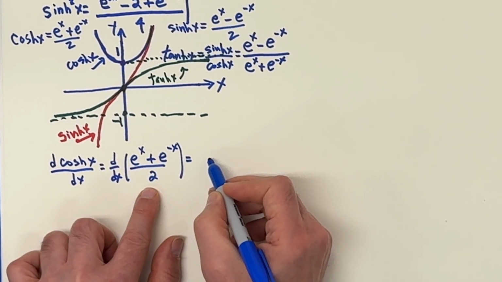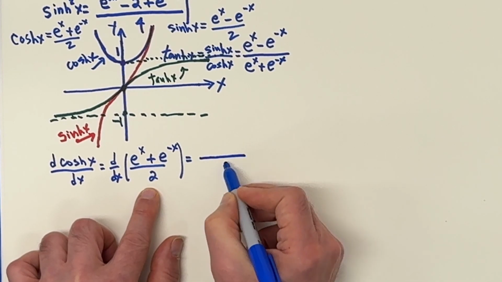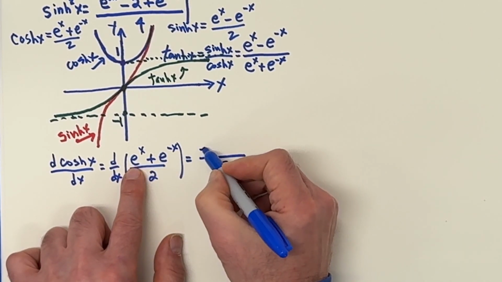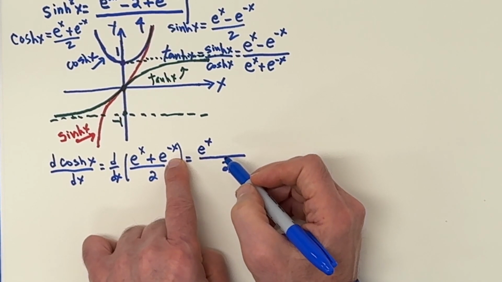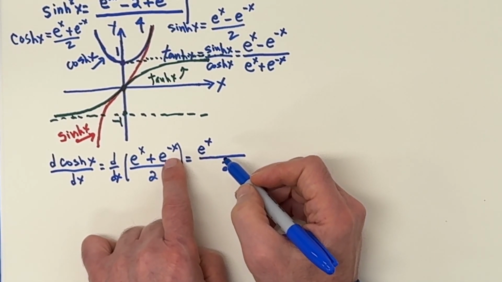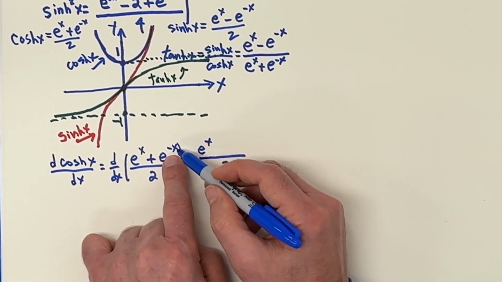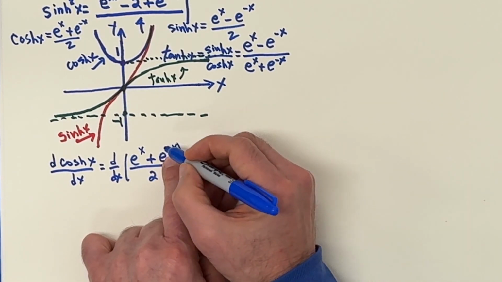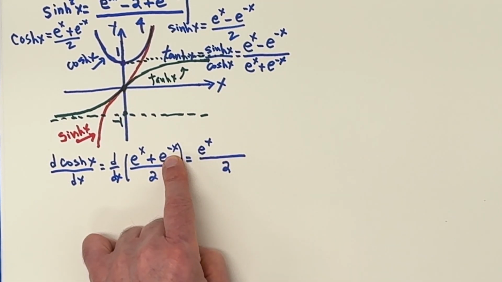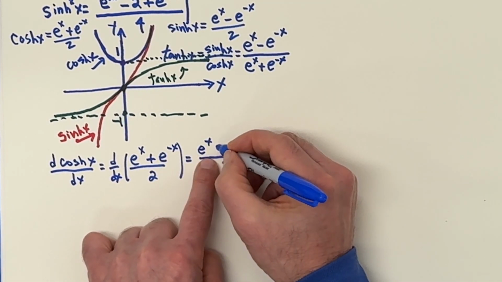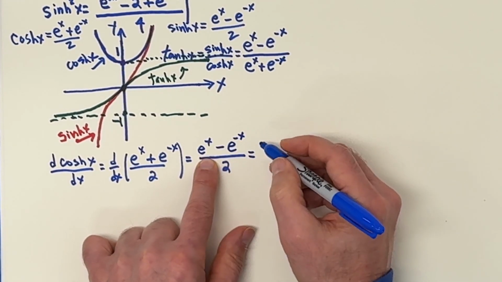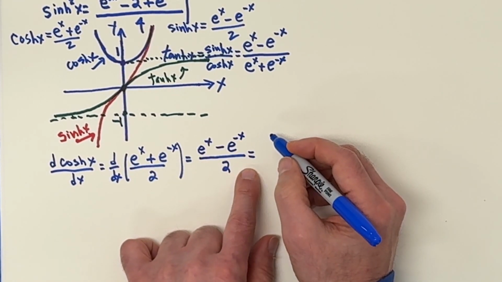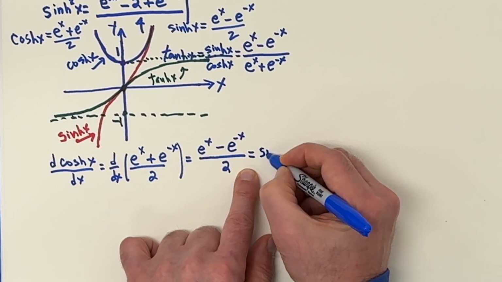So this 2 is going to hang around. I'm going to leave the 2 down in there, and I'm going to get e to the x. Now the derivative of this one, you would take the derivative using the chain rule, would be e to the minus x times the derivative of what's up there with respect to x, which is -1. So this is minus e to the minus x, and that is the sinh.